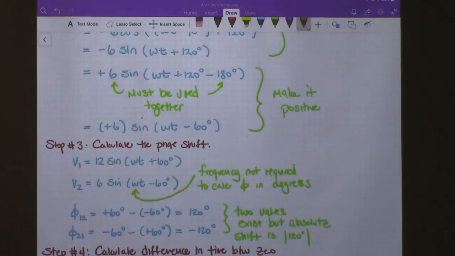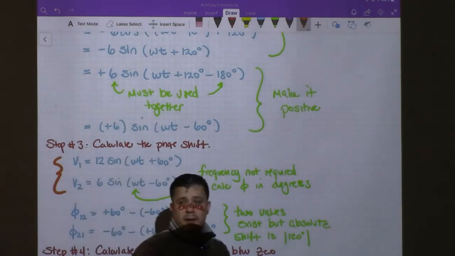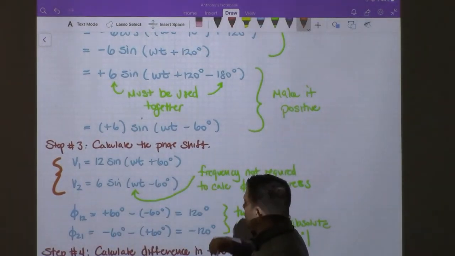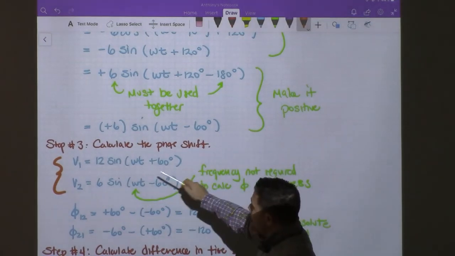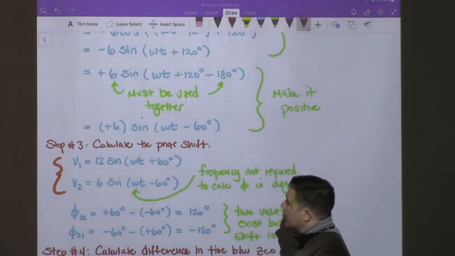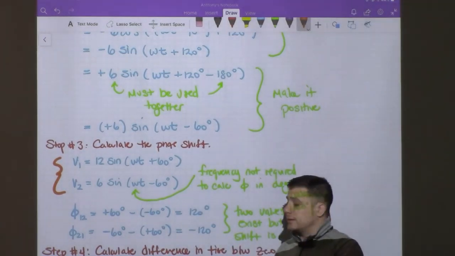So what that leads us to is this final form of V1 and V2. V1 is untouched. We didn't play around with that. V2 is the new version that we have. Now that they both have positive amplitudes and are both sine functions, we can calculate the phase shift between them relatively easily.